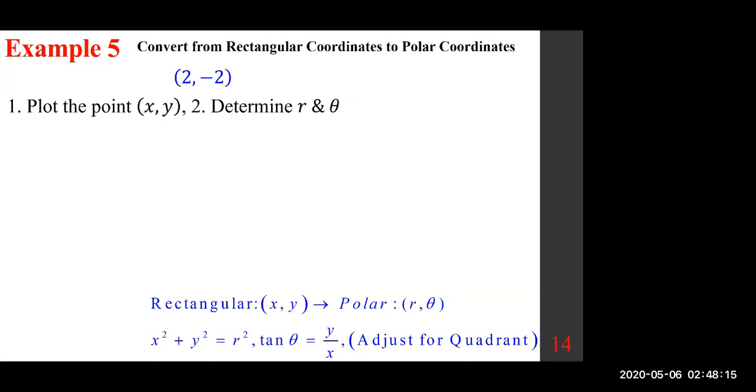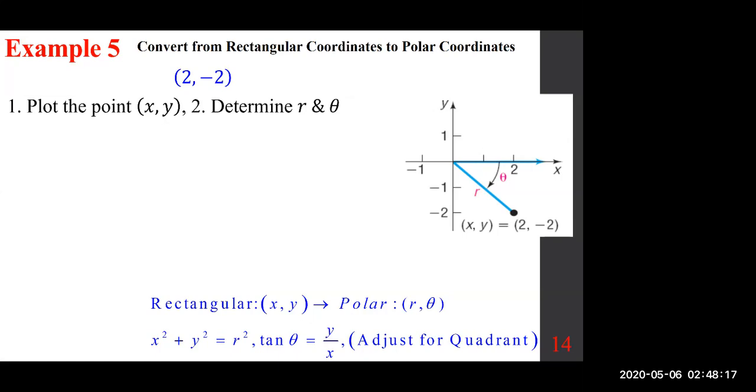Now, 2 squared plus negative 2 quantity squared add up to 8, and r becomes the square root of that.